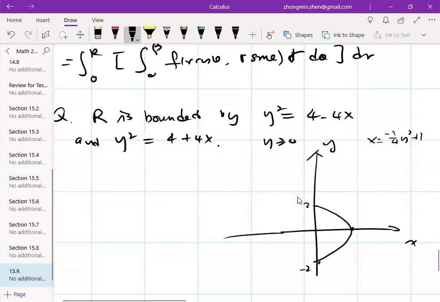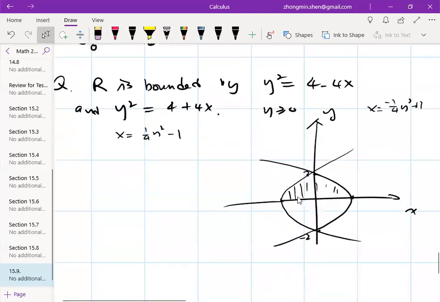And then the other one will be x equals a quarter of y squared minus 1. And the region has y greater than 0. So that is the region R.